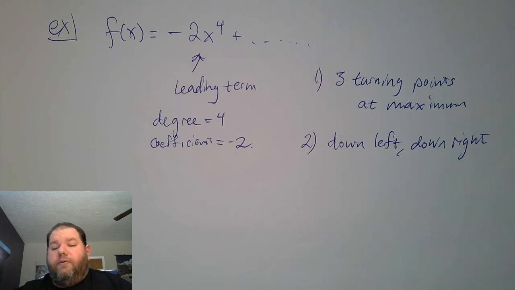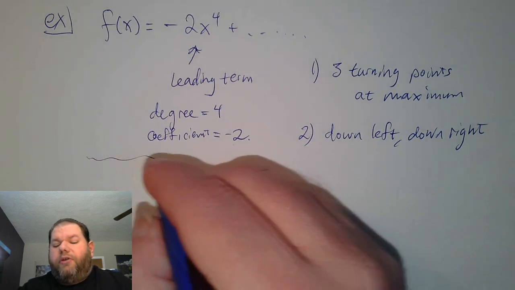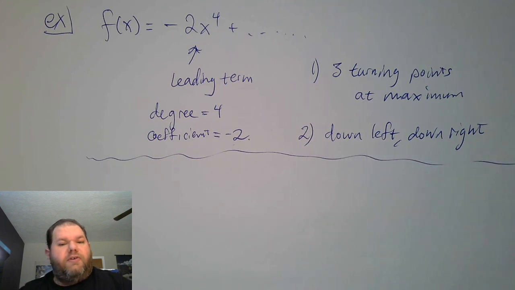That means whatever the intercepts are, we don't know exactly what the graph will look like from here, because there's other things that we still need to figure out. Mainly we need to know what the x-intercepts are before we can really go much further.